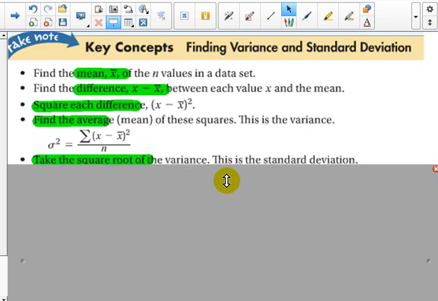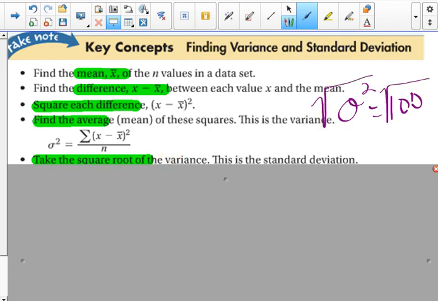After we get that, then take the square root of the variance. So once you get the variance, how could you get sigma? If I had sigma squared equals 100, well, if I want to know what is sigma, or our standard deviation, you're just going to take the square root of each side, right? So it's just the square root of the variance.